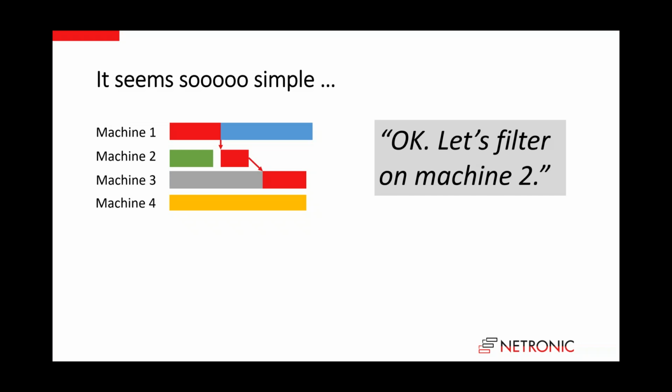So in the production environment, filtering on work center groups or on work centers or on machine centers can make things very complicated. So we have this very simple case, just a few operations for machines, and the user says, hey, let's filter on machine 2.